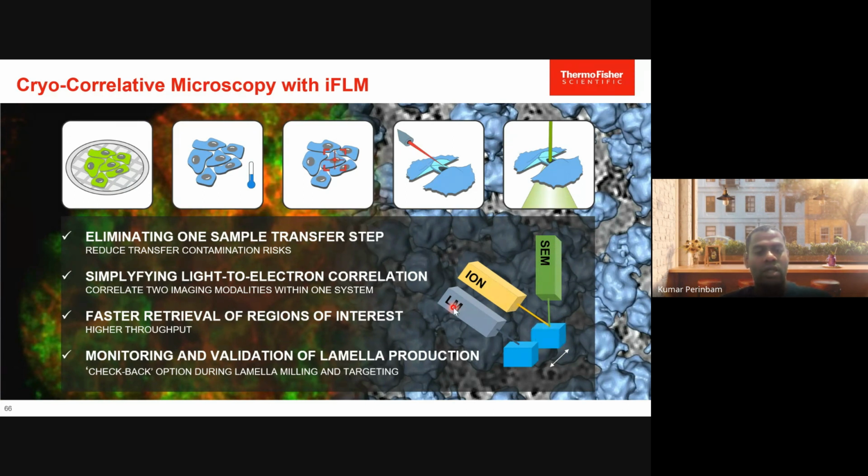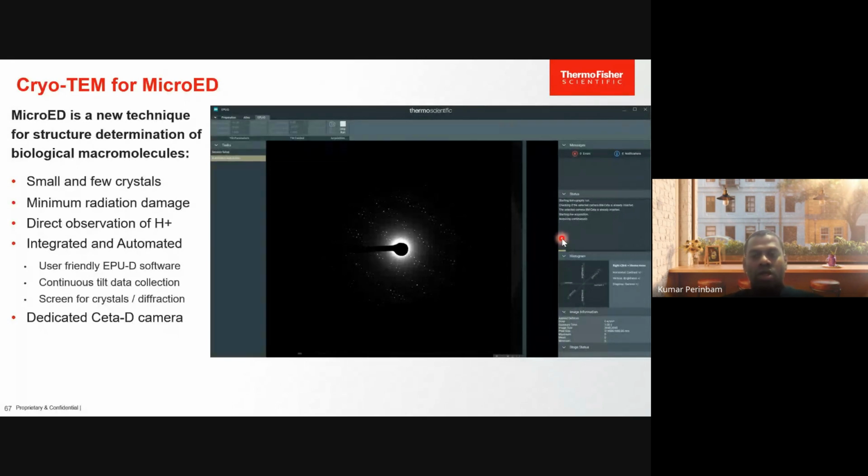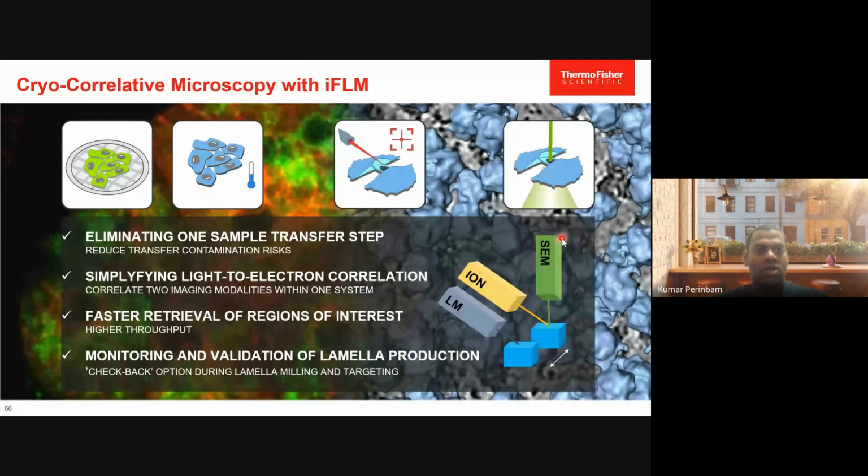There is also a light microscope, a fluorescent microscope, so while you can see the fluorescence through the SEM, you can create small lamellas which can be used for high resolution imaging. So these are the basic applications and developments happening in fluorescent cryo-electron microscopy, which is helping most of the researchers.